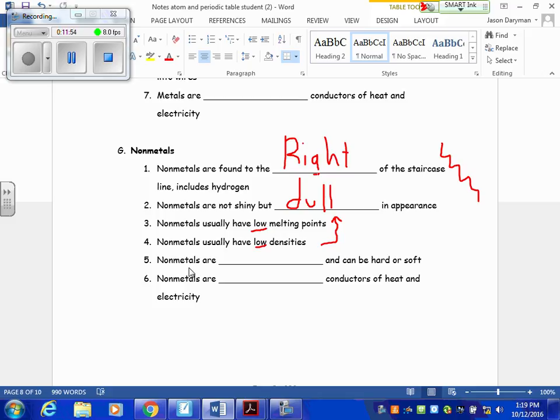Nonmetals are brittle. They will break easily or flake. And instead of being good conductors like metals, the nonmetals are poor. And this is because their outer shells, their valence shell, instead of having only 1 or 2, has more electrons.